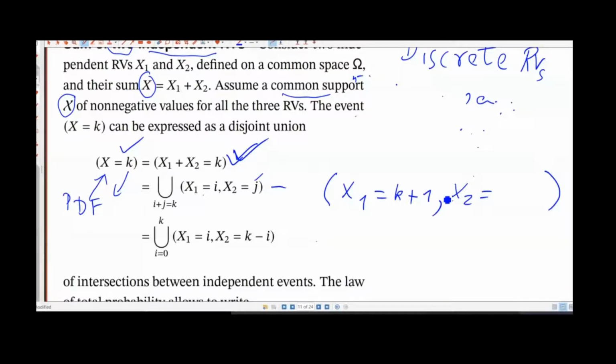So let's choose a value larger than k. यहाँ पे क्या होगा? k minus k plus 1, which means that this must be equal to minus 1. तब अब आप चेक भी कर सकते हैं ना, इन दोनों को ऐड करें, आपको क्या मिलेगा? k मिल जाएगा ना.